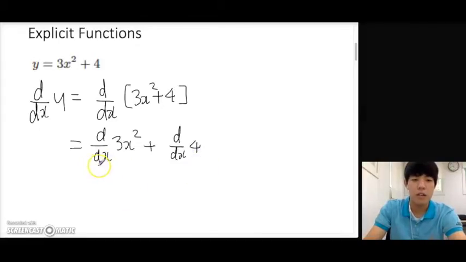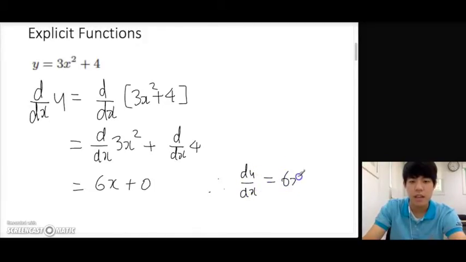According to the power rule, d/dx of 3x squared would equal 6x. And as we all know, the derivative of a constant always equals 0, plus 0. So we can conclude that dy/dx here is 6x.